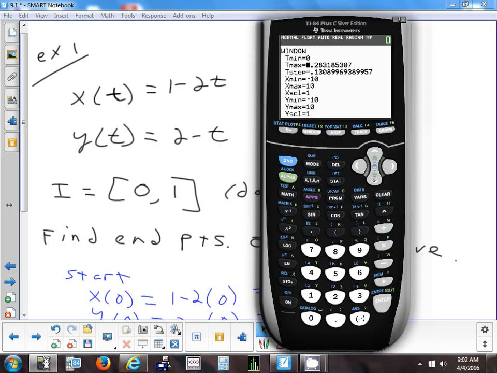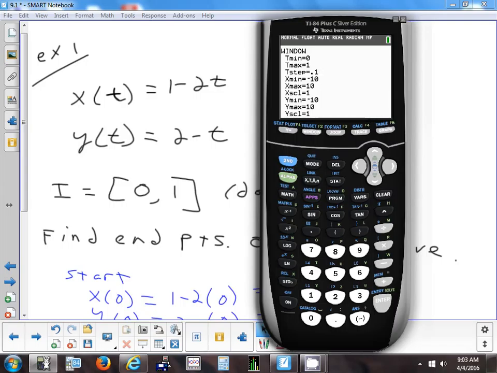So we're going to start at 0. Mine's already there. We're going to go to 1. And for t step, put it on 0.1. I'm going to explain in another problem what t step does. This isn't the best problem to explain t step. Just put it on 0.1.